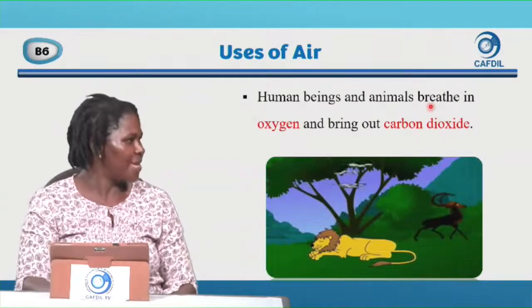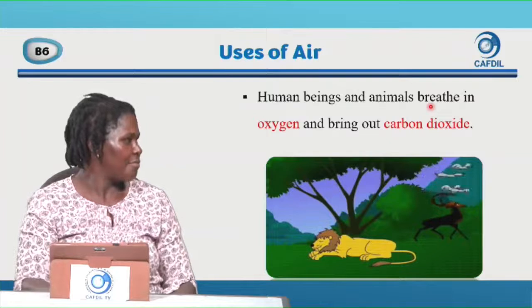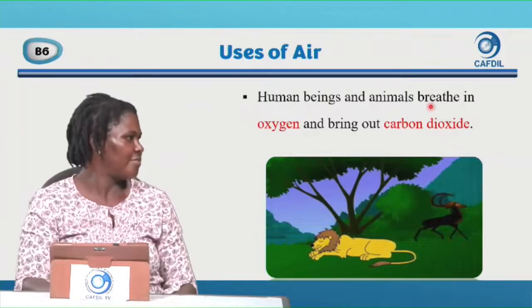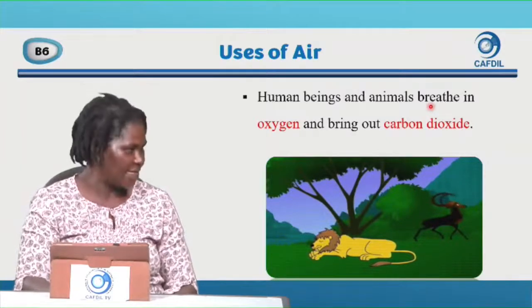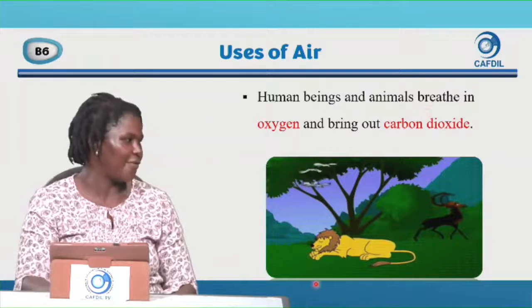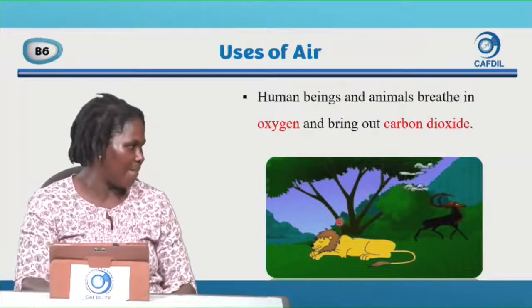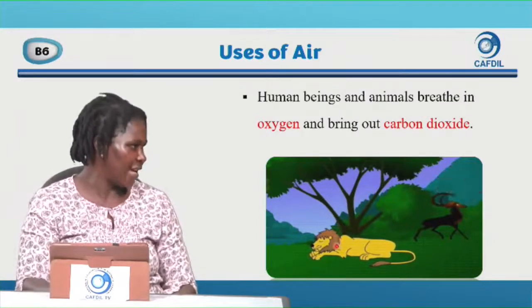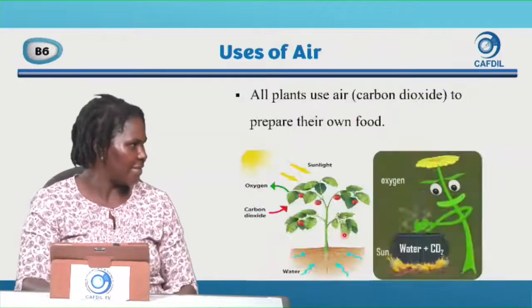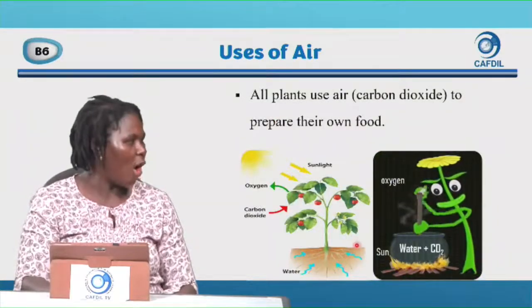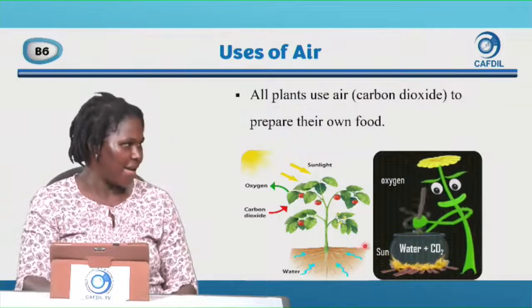2. Human beings and animals breathe oxygen. Breathing oxygen is the same thing. So we have animal. The first one was a human being, and this one is an animal. Good. So plants, all plants use air.